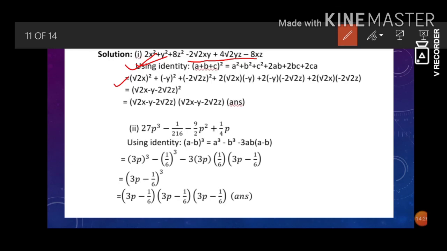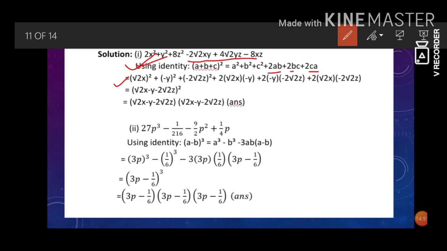Again, 8z square can be written as minus 2 root 2 z whole square, as like before, from the last three terms we can see that there is a minus sign involved. Now by the formula we have 2ab, 2bc and 2ca.